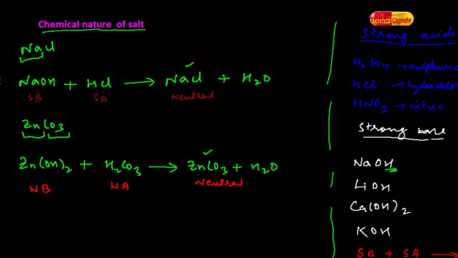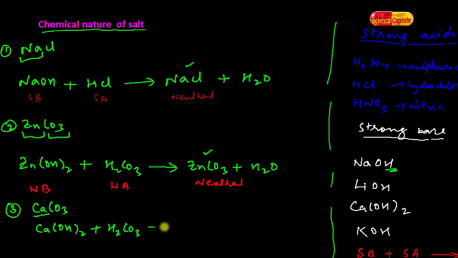Let us take another example. In the third case, this is our first case, and this we have taken second, and in the third case we are going to take another salt, that is calcium carbonate. Here we write calcium hydroxide plus carbonic acid, H2CO3. We will be getting CaCO3 plus water. See here, calcium hydroxide is a strong base.